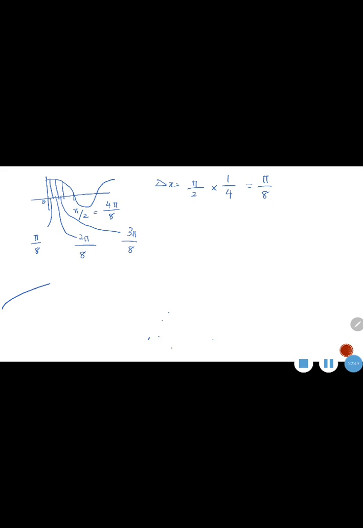Okay, so now we want to find A. So A is pi over 8, which is delta x, times, what is f(x) here? Okay, f(x) is cos x, right?